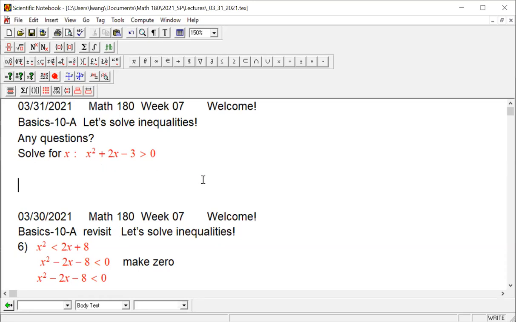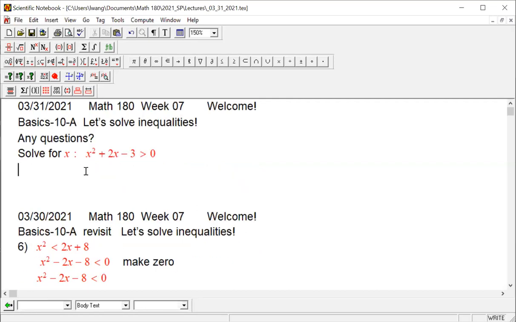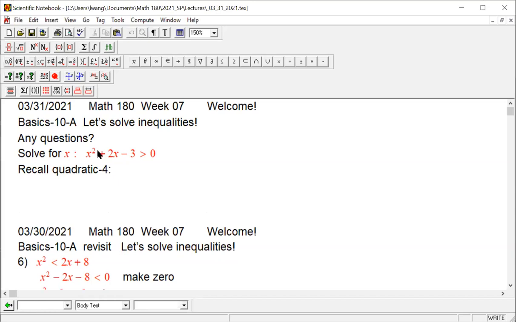these more challenging topics. Well, in fact, if we recall quadratic 4, we didn't solve this equation by factoring.